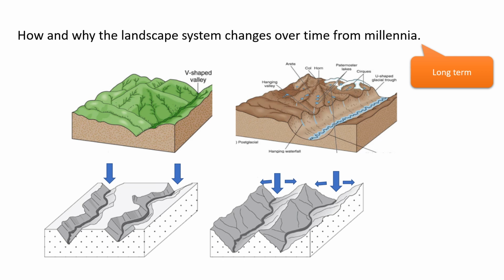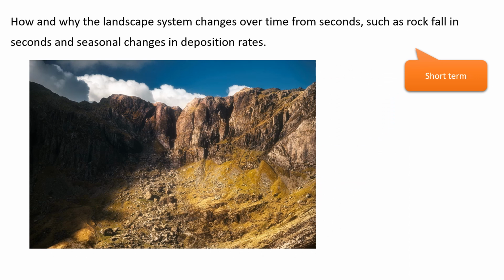And in some cases creating things like hanging valleys, where we have differences in the rate of erosion between large glaciated regions and valleys and areas that are much smaller. So this abrasional process takes time, but it can make big changes to the landscape. They're a long-term process. But we do get short-term processes too.